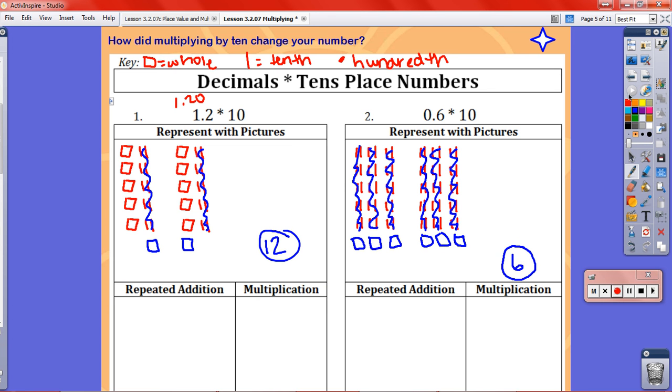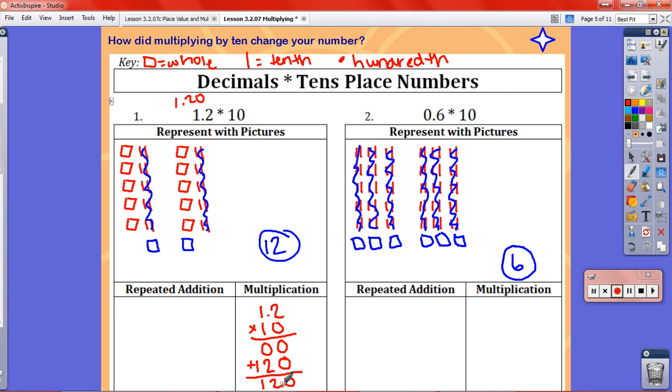So let's show this with multiplication. We get 1.2 times 10. So 0, 0. When I move to the tens place, I have to add a tens place 0, move over. And I get 120, but that's way too big because this is close to 1 times 10, which would be a little bit more than 10.